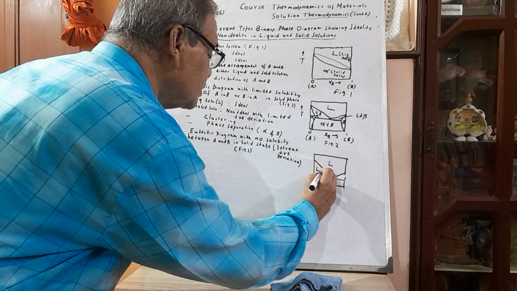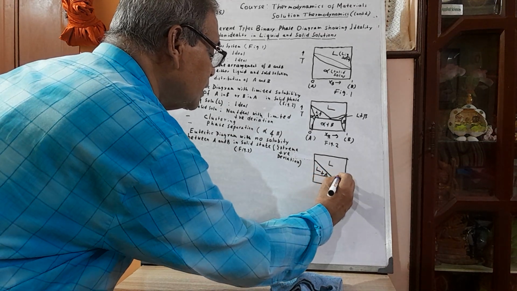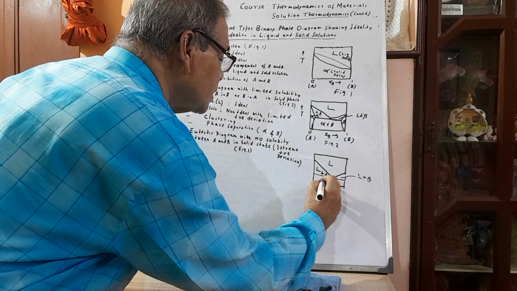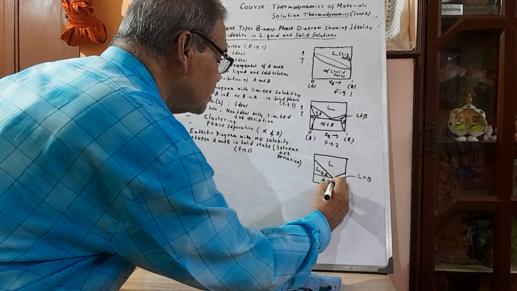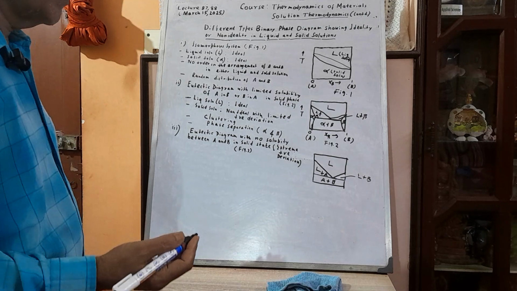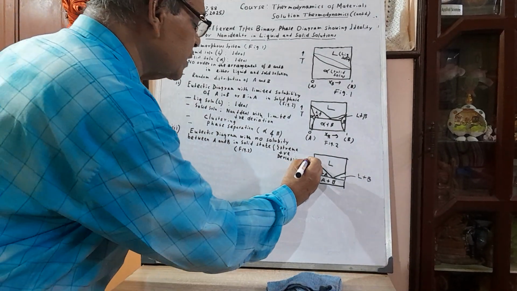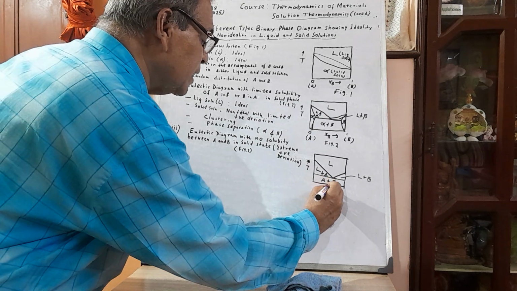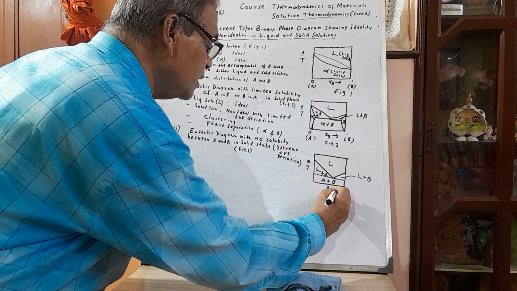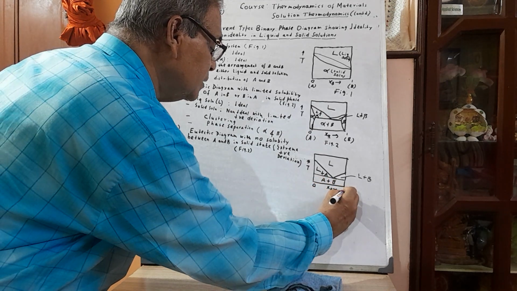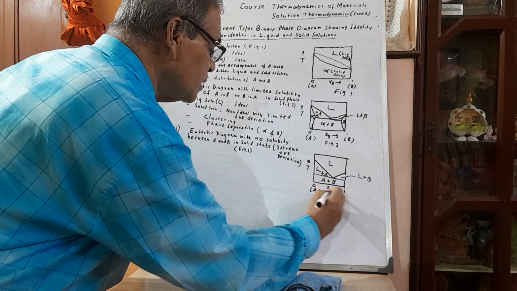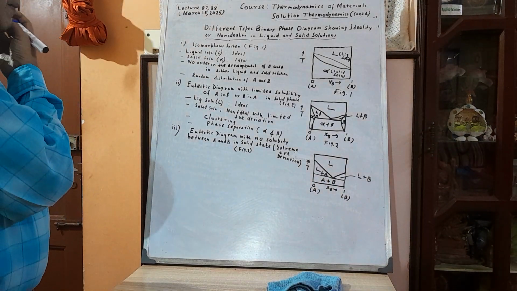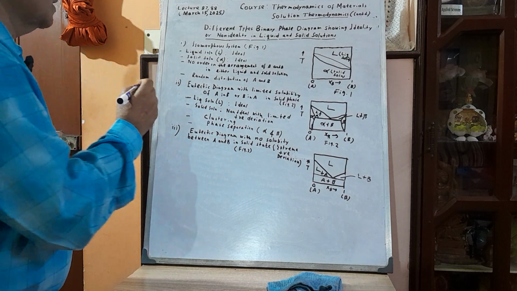Liquid plus no solubility, so pure A. This is liquid plus pure B. This is A plus B. No alpha, no beta. Another thing, this is the temperature, and again as before XB goes from 0 to 1. This is pure A, this is pure B.